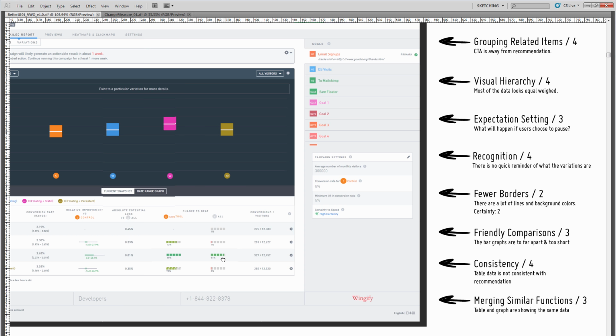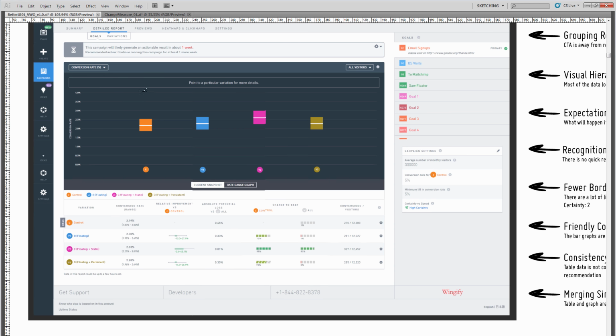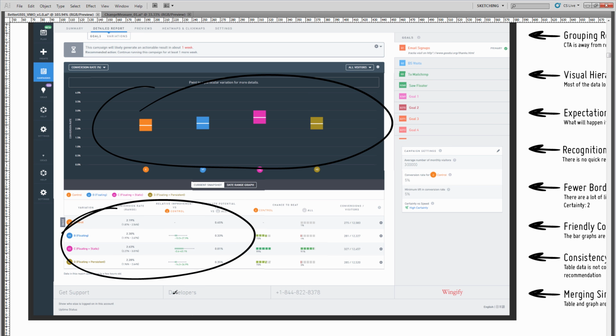Merging similar functions together. I also feel that this table is actually showing the same data here, just in a different view. So this graph and these tables are showing the same variations, similar data differently. Maybe there's some additional data here, which is great.